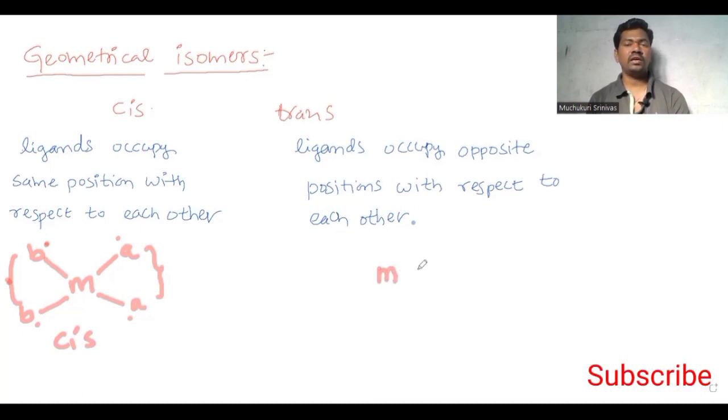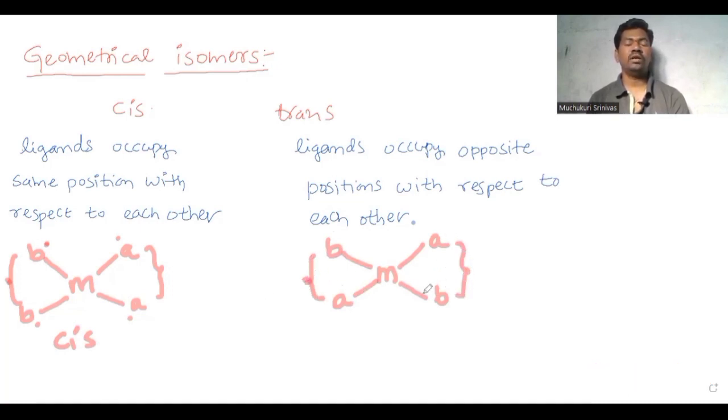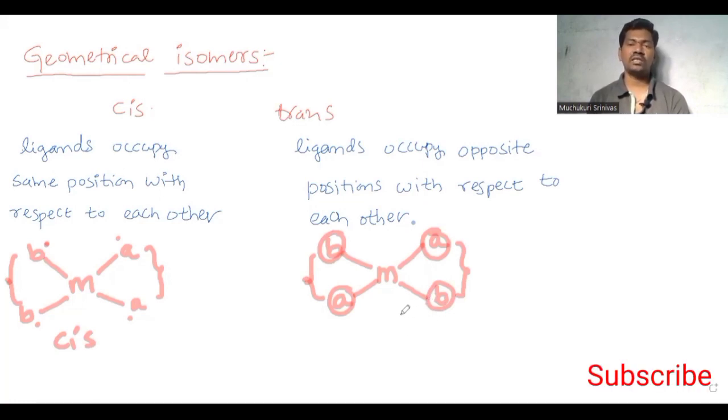If these ligands are opposite to each other, here A and B are different ligands present opposite to each other. Here A and A both are perpendicular to each other, and B and B both are perpendicular to each other. So this type of isomer is called trans isomer.